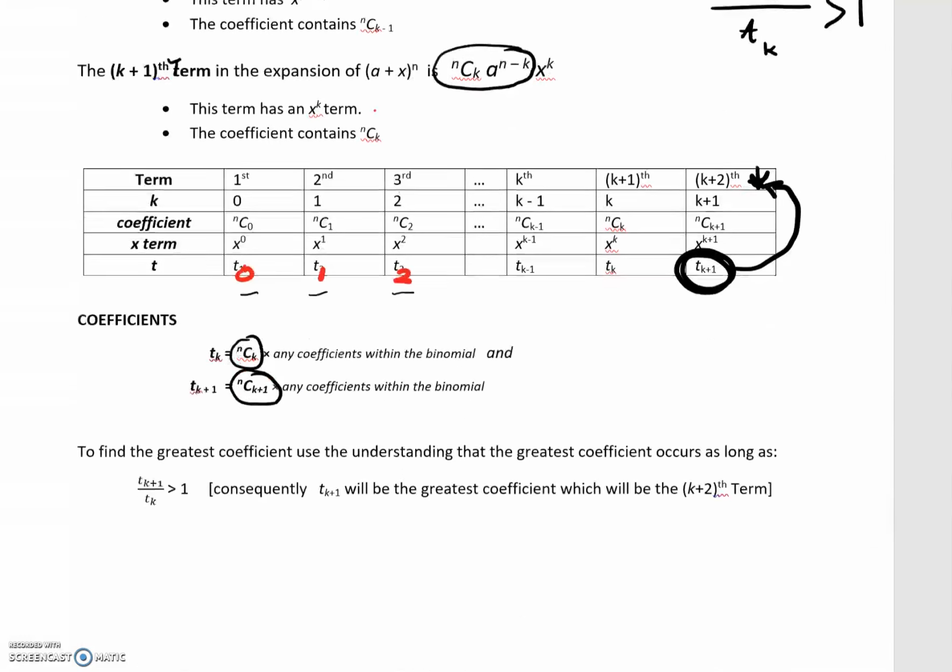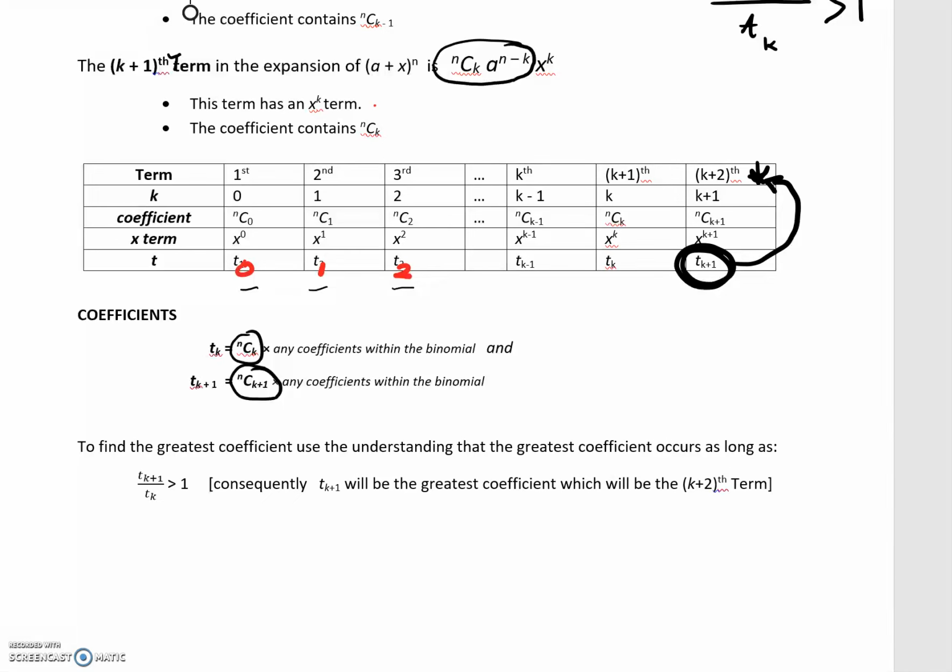Now, the actual process to find k involves this ratio of the coefficient k plus 1 over the coefficient k. And as you know, within each coefficient there'll be an nCk plus 1 calculation. And like I've said, any other term to a power will also contribute to the coefficient.